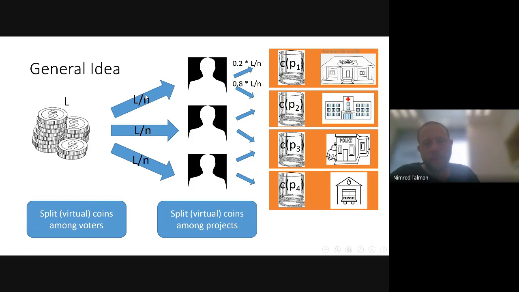So if L over N is 100, it means that this voter basically gave 20 tokens to school and 80 tokens to hospital.